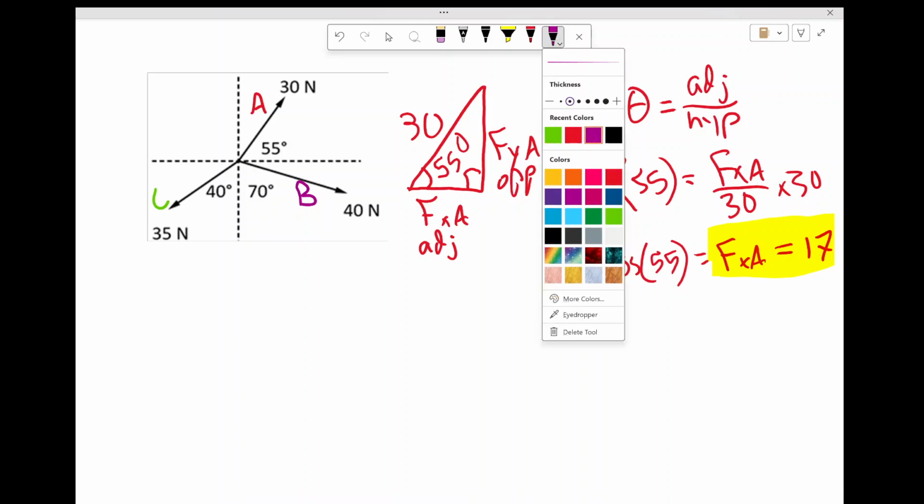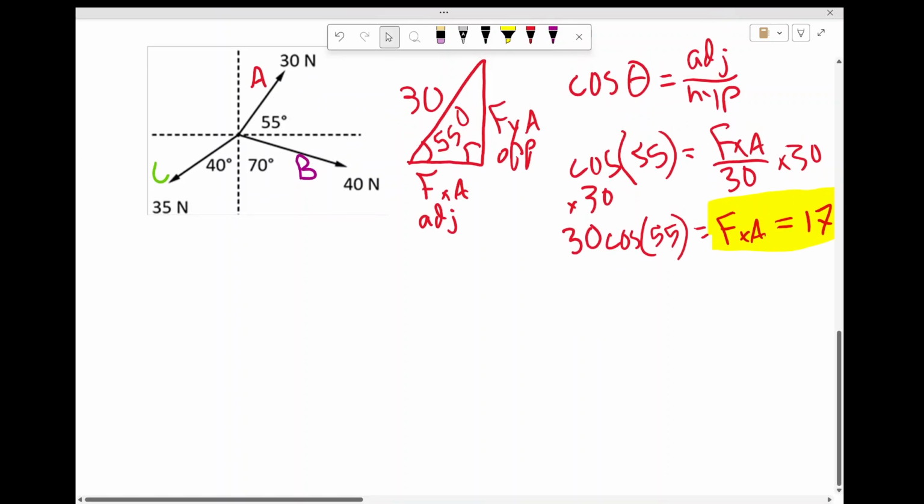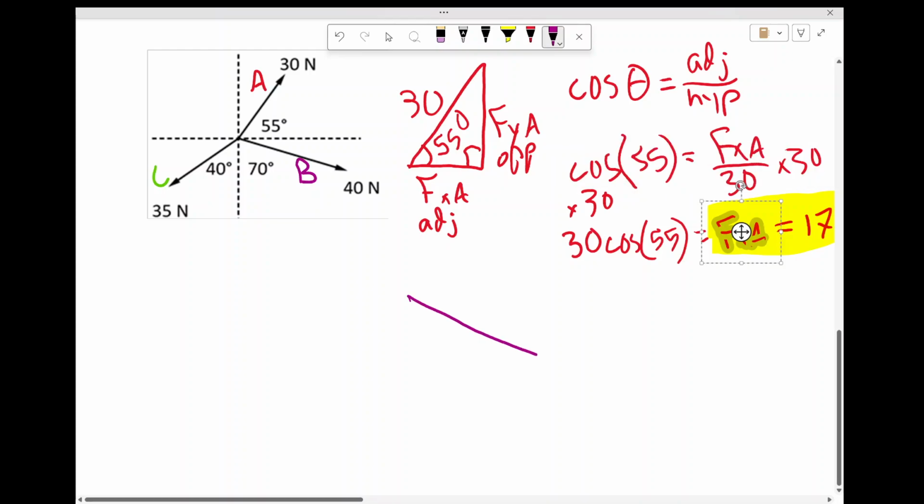So B, we used purple. For B, we're going to have our hypotenuse going down this way, and then here are our two sides. So this is 40. This would be FxB, and this is FyB.